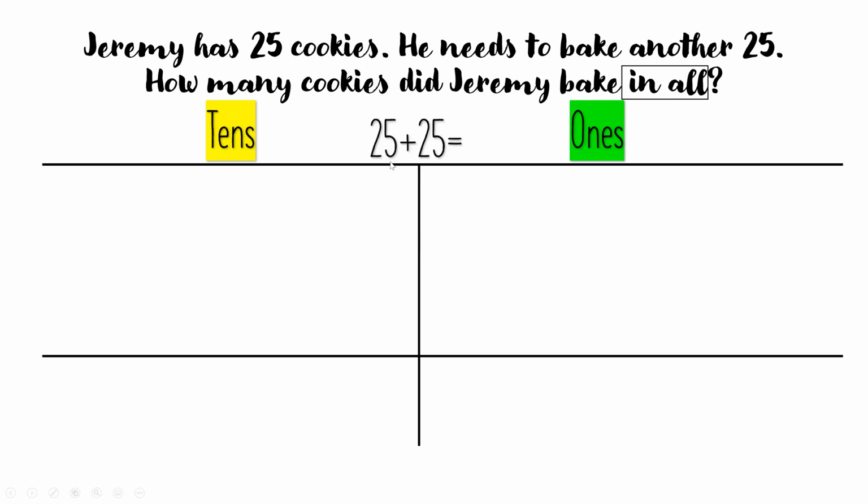So now we're going to break apart our numbers, 25 plus 25, into our ones and our tens. 5 plus 5 is 10. We carry our 1. And now 2 plus 2 plus 1 is 50. So this is how we would solve an addition problem with regrouping. So the word in all tells us it's addition.